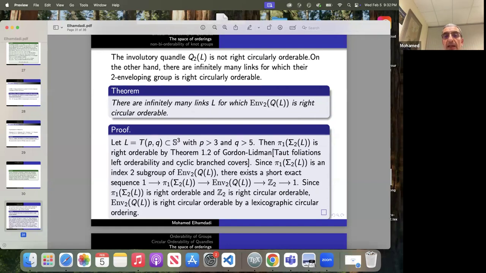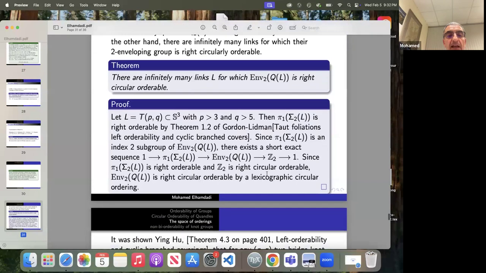Now, we proved the following theorem. There are infinitely many links for which the enveloping group 2 is right circularly orderable. Precisely, if you start with the torus link T(P,Q), assume that P is greater than 3 and Q is greater than 5. Gordon and Lidman proved that the pi1 of the double branched cover of L is right orderable.